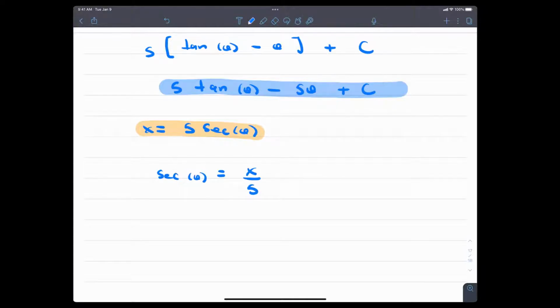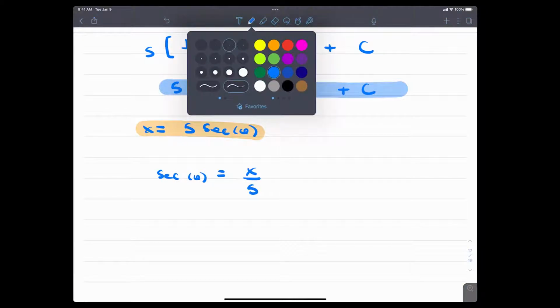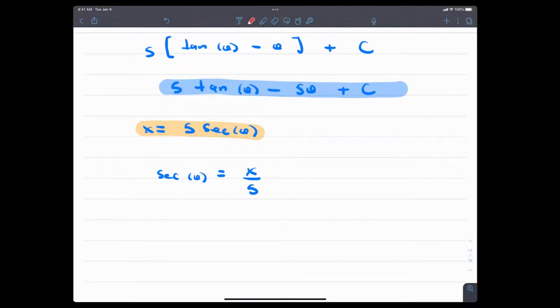Now, you guys remember the graph of secant theta? Isn't that the reciprocal of cosine? All right, so if you think of the graph of cosine, here's what I'm saying. You see how we need a theta? What's the only way we can get a theta here? Secant has to be 1 to 1 for what quadrants? 1 and 3.